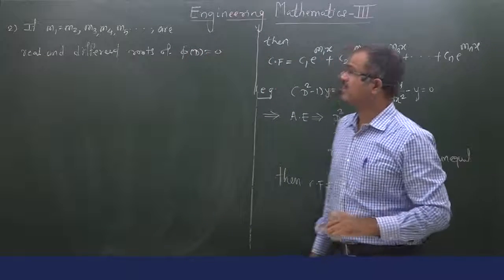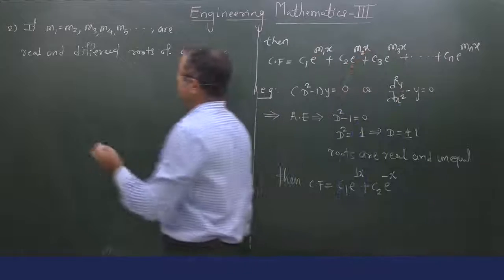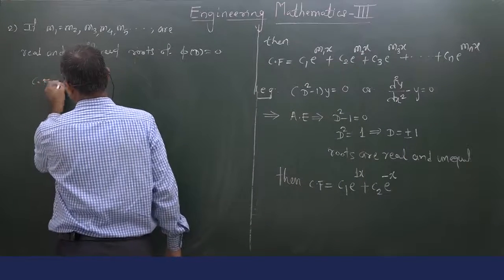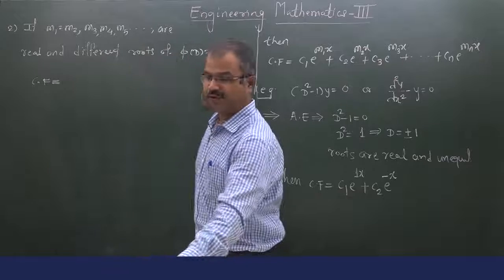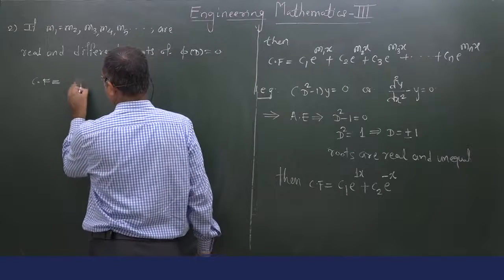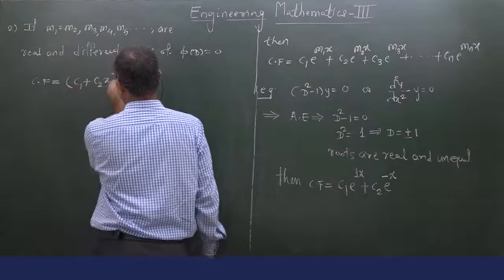If suppose two roots are equal and others are different, then the complementary function of differential equation is equal to (c1 plus c2x) for equal roots.